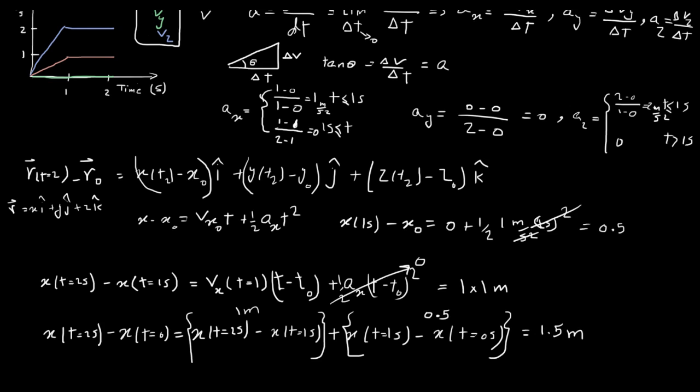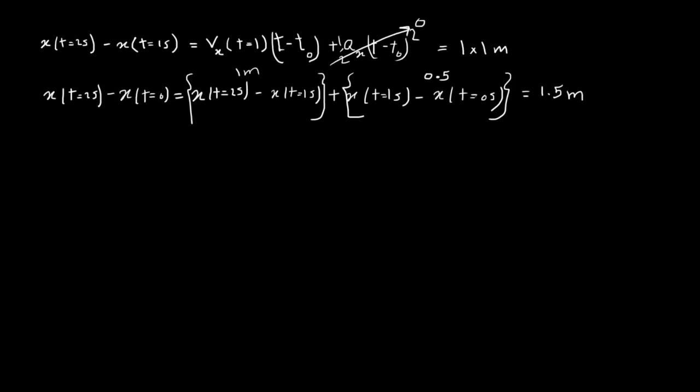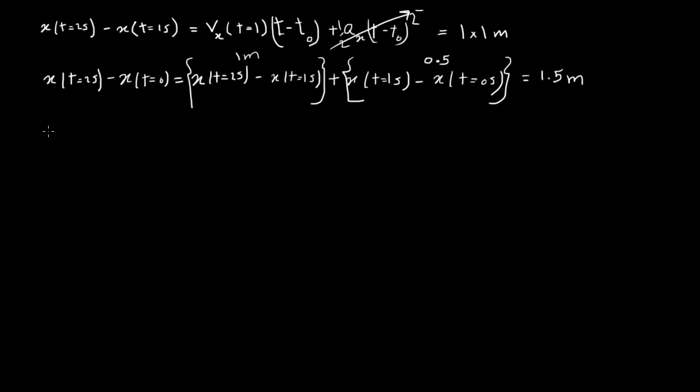For y and z it's the same. I just write down the equations. So basically you want to use y minus y naught equals vy naught times t minus t naught plus half ay t minus t naught square.